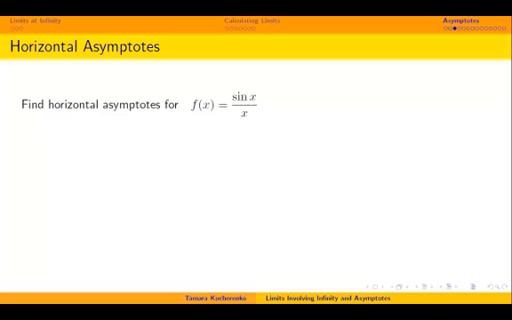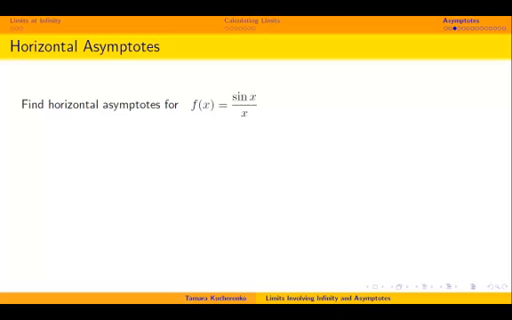Now let's find horizontal asymptotes for the function sine x divided by x. When x approaches positive or negative infinity, the sine function itself continues to jump up and down.